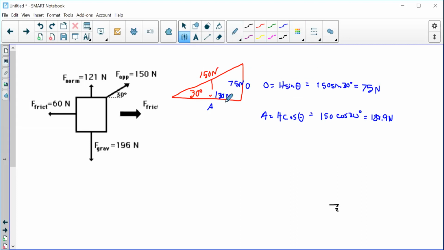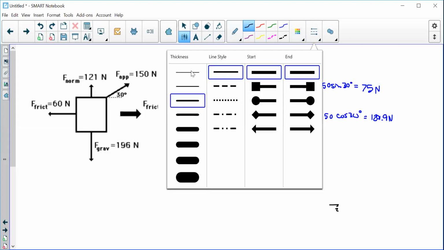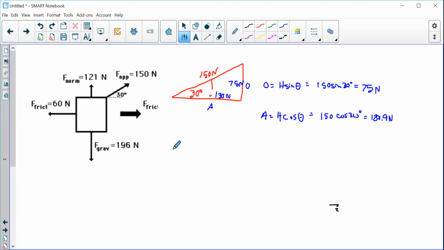So we now have a number for every bit of force in every direction. So now we can go about qualitatively associating the directions. Let's do a sum of forces in the y direction. We're going to say the sum of forces in the y direction equals what's acting in the positive y direction. Which forces?